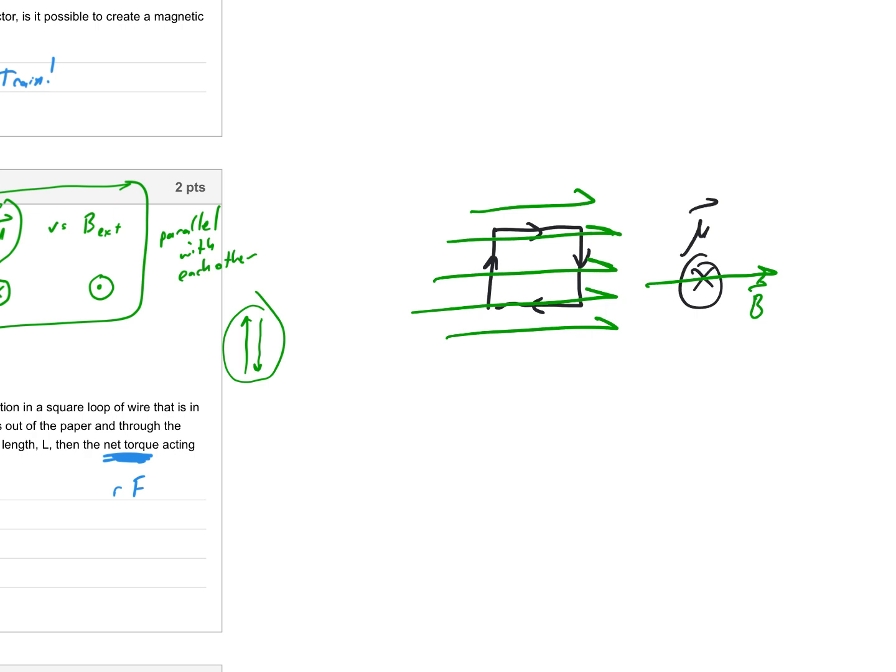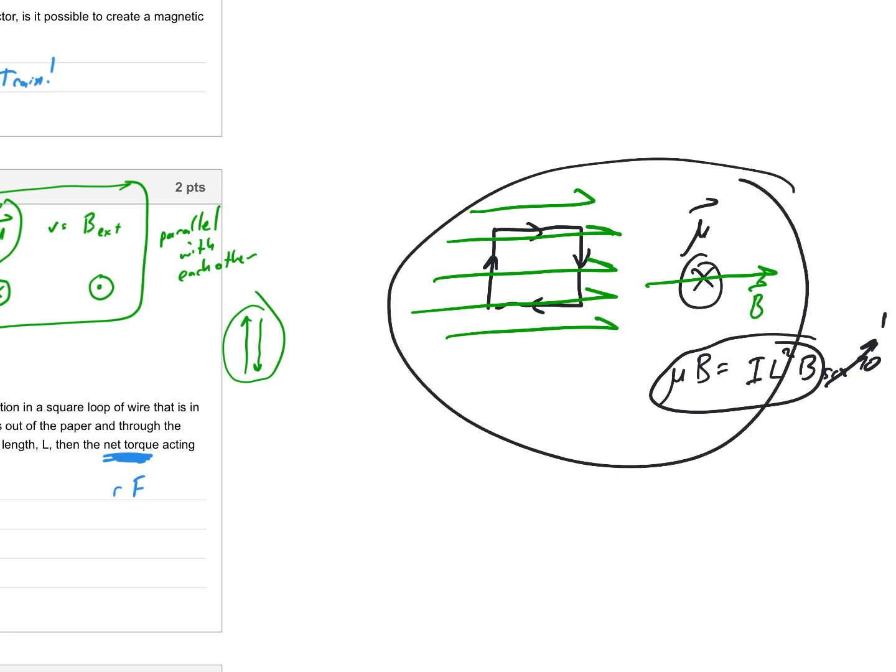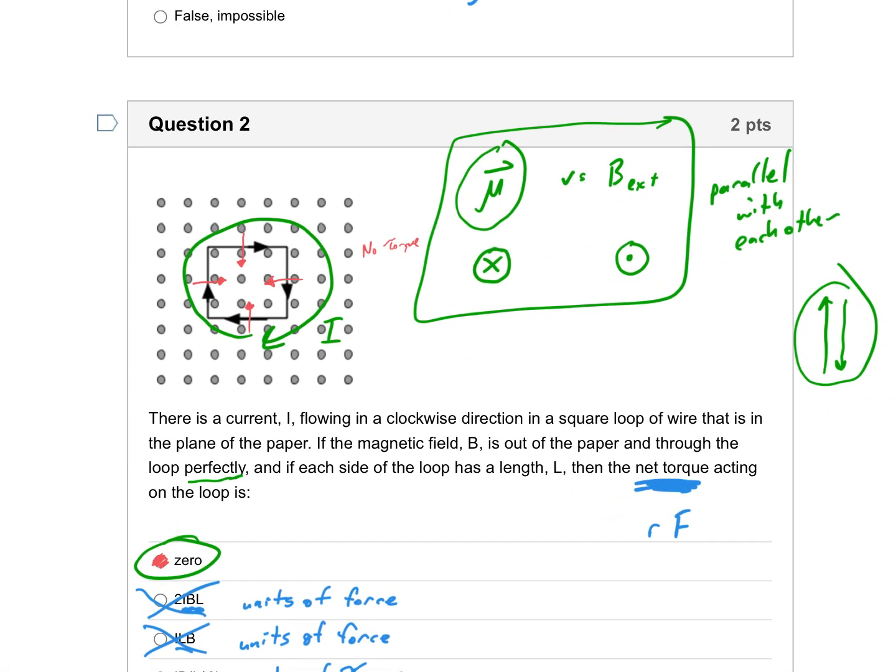When they're perpendicular like that, it'll be the magnetic moment times the magnetic field, which is I L squared times B times the sine of 90, which is 1. So in this situation, that's when you actually get IBL squared. But when they're aligned, no torque.